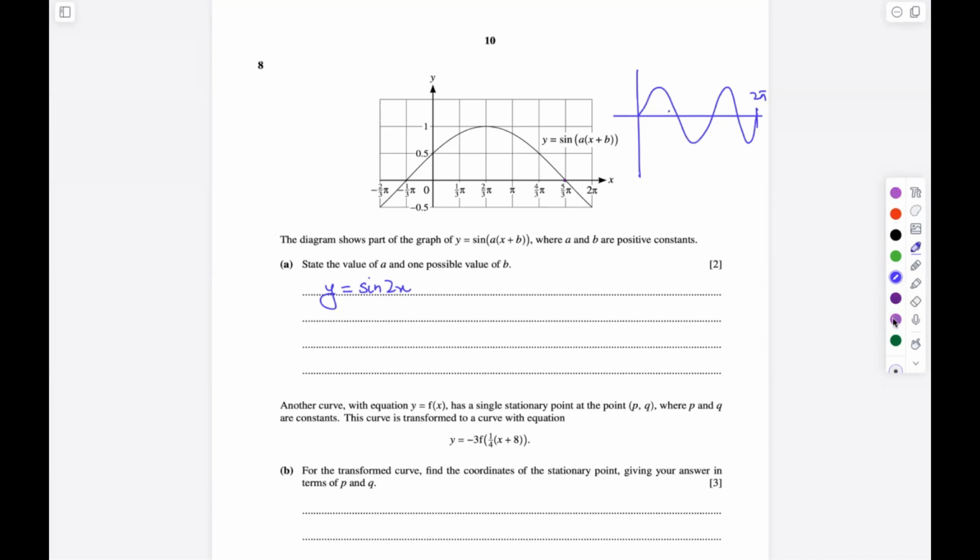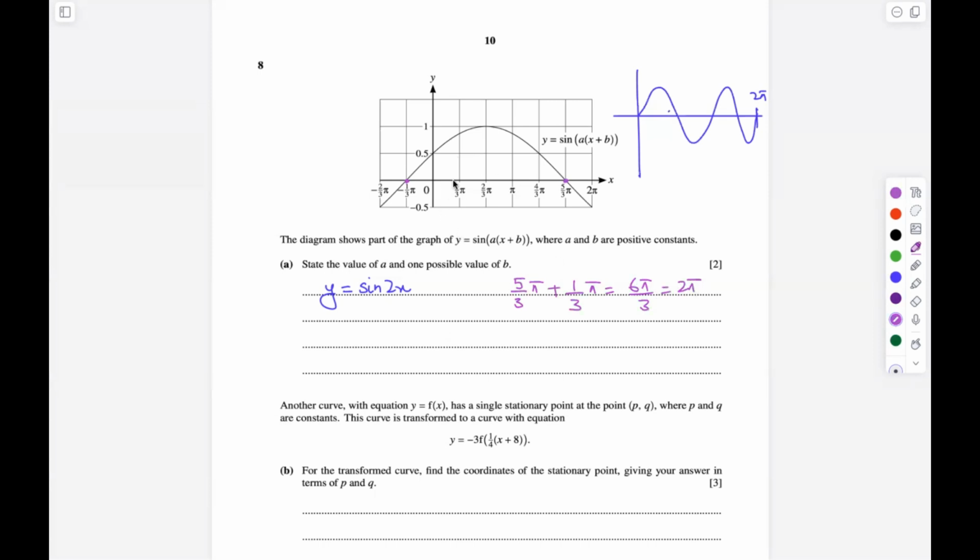Now in this case, if you look over here, this is basically ax, and we have to find the value of a. If we see from this point up till this point, we can see there is half a revolution. For half a revolution, the total angle, if we add the angle from 0 till 5 upon 3 pi, that is 5 upon 3 pi, plus this, which will be taken as 1 upon 3 pi, ignoring the negative sign, it means 6 pi upon 3, or let's say 2 pi radians.